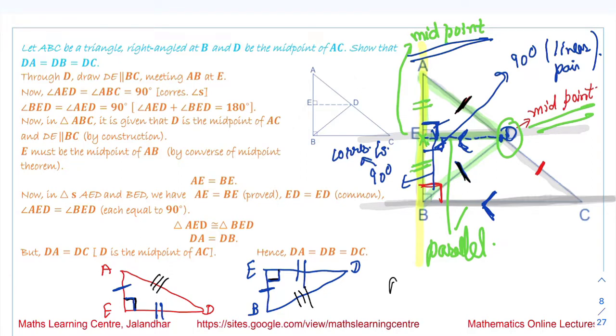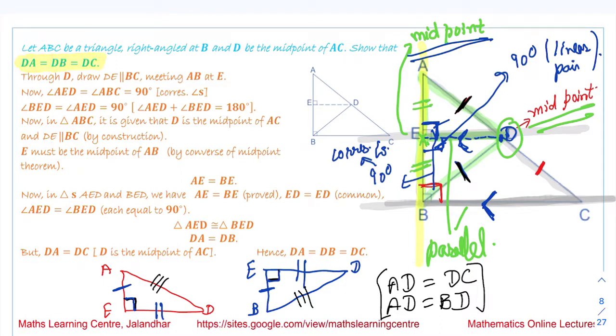So we already have AD is equal to DC, and AD is equal to BD. Combining these two results, we get the final answer that AD is equal to DB is equal to DC.